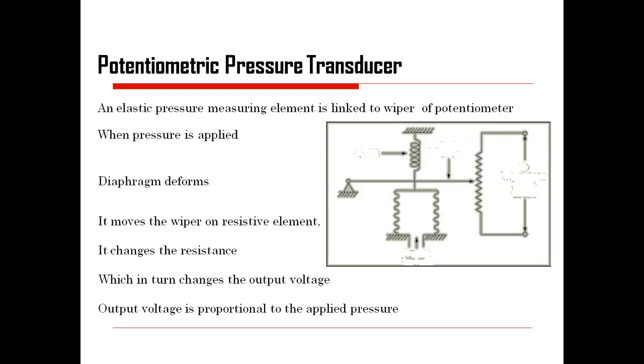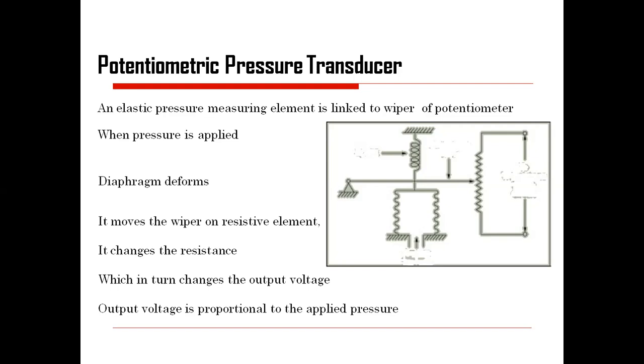The diaphragm deforms and moves the wiper on the resistive element. It changes the resistance of the wiper, which in turn changes the output voltage. So the output voltage is proportional to the applied pressure.